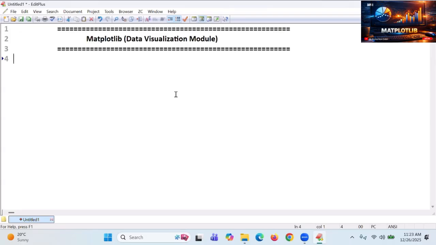Shall I ask one question? If you answer me, I will take it. Who will answer my question? In Python only, I will ask. Who will answer? Boys, I will ask one question. Rajvanshi, who is Rajvanshi?